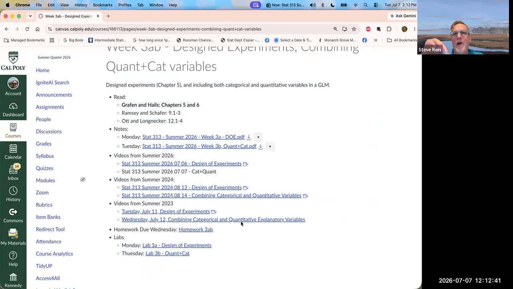Actually, technically we're right at the middle of the term. But chapter 6 is where we start to talk about combining categorical and quantitative variables together in one analysis. Now, you sort of thought, well, we already did that. And the answer is, yeah, we did. But we're going to get into the way the model works today. And then we're going to talk about the next natural question tomorrow and then Thursday.